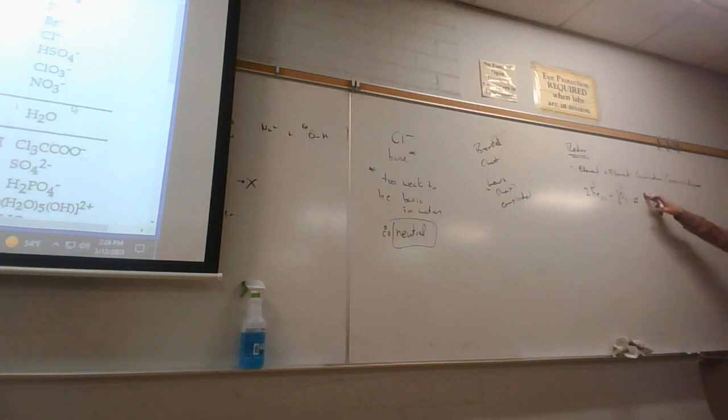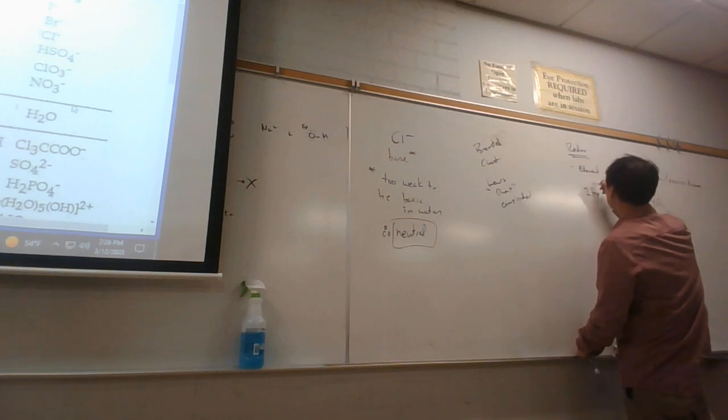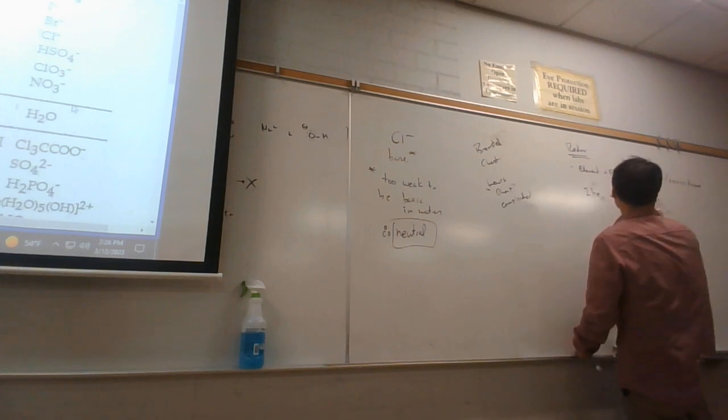Okay, what are the oxidation states in iron 3 oxide? Yeah, plus 3. Oxidation state, I'm going to be consistent. Oxidation state go in parentheses. Formal charges are circled.